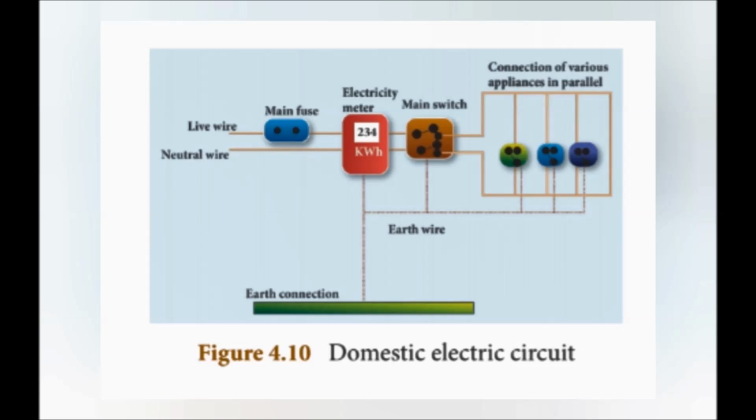The meter is used to record the consumption of electrical energy. The fuse box contains either a fuse wire or a miniature circuit breaker, that is MCB. The function of the fuse wire or a MCB is to protect the household electric appliance from overloading.